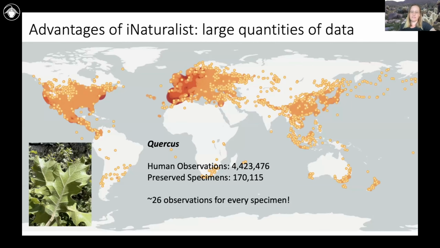But this does not come without bias. If you look at where both herbarium specimens are made and where iNaturalist observations are made, they're definitely concentrated around human habitation. So wherever a university or an herbarium is, you tend to have a higher concentration of herbarium specimens, and iNaturalist data are probably even more biased, with a huge proportion of urban observations.